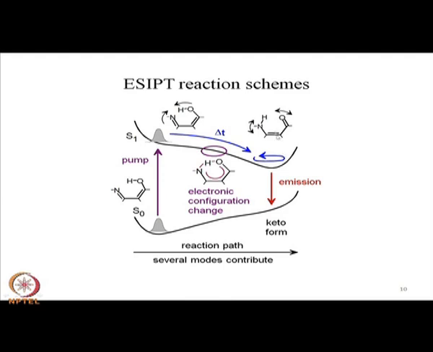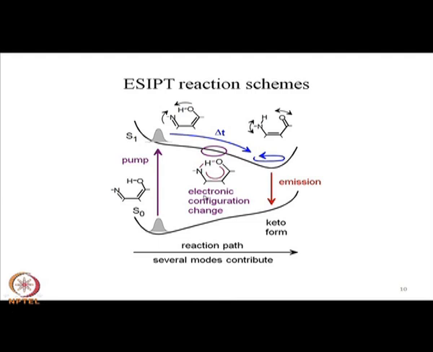So this is a proton transfer. After the proton transfer has taken place, you can expect that this system will emit. This emission is from the keto form.